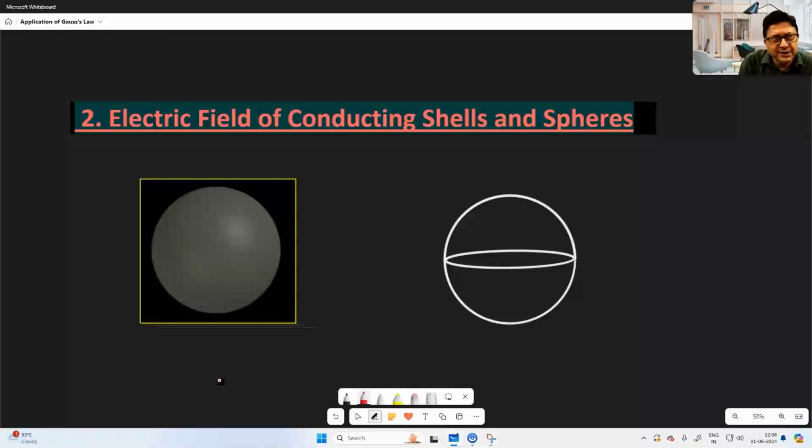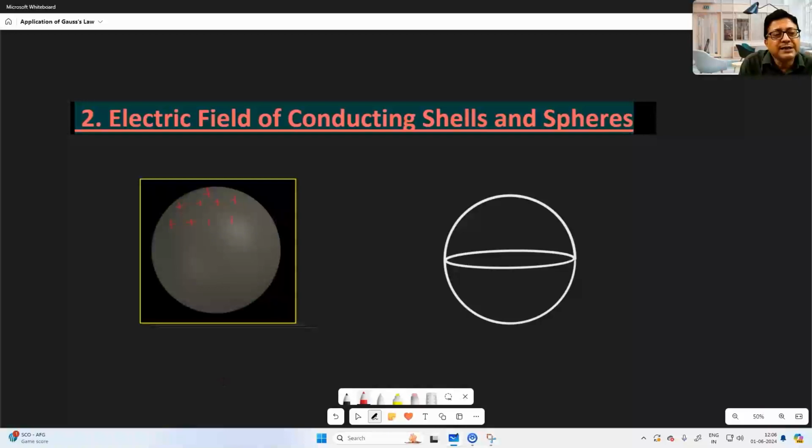One is solid, the other one is hollow. In this context, I'd like to say that if there is a solid conducting sphere or a hollow sphere, in the sense of charging there is no difference. Because if it is a conductor, if you give some charge anywhere in its volume, it will appear at the surface.